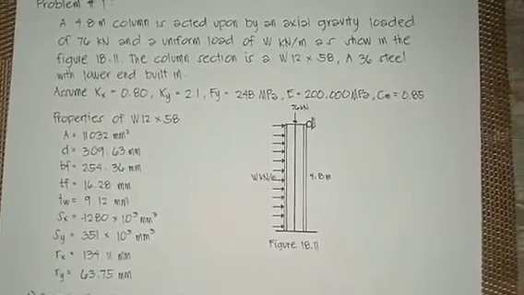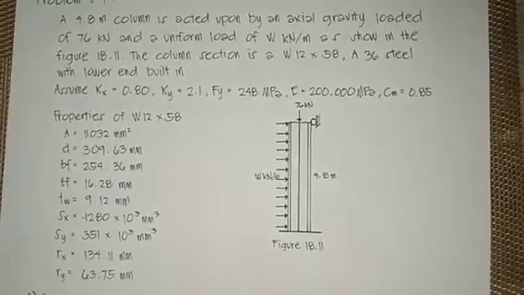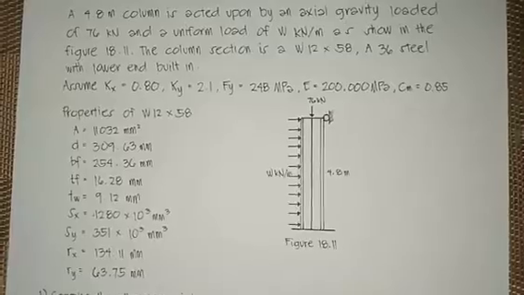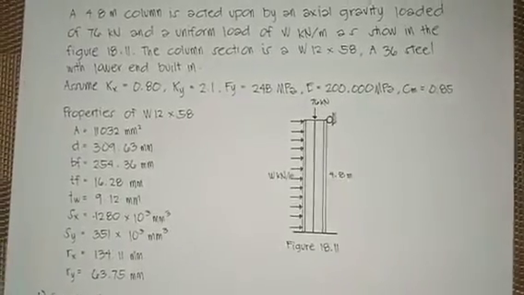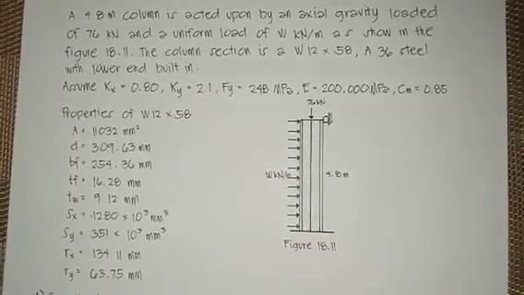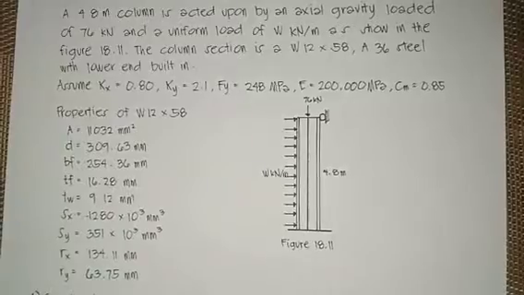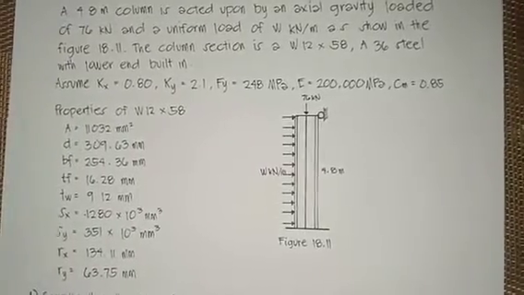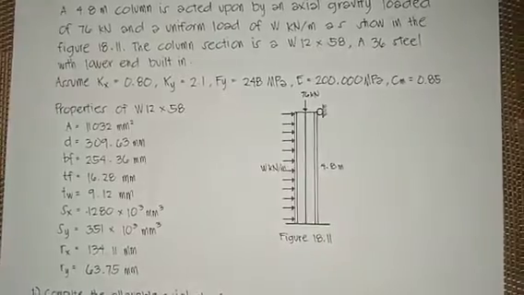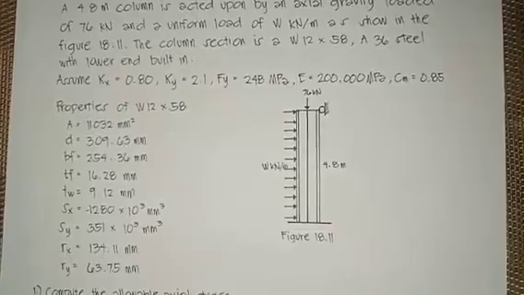So, here are the properties of W12 by 58. Area is 11,032 square millimeters. D is equal to 309.63 millimeters. BF is equal to 254.36 millimeters. TF is equal to 16.28 millimeters. TW is equal to 9.12 millimeters.